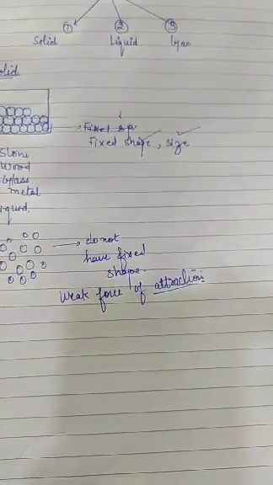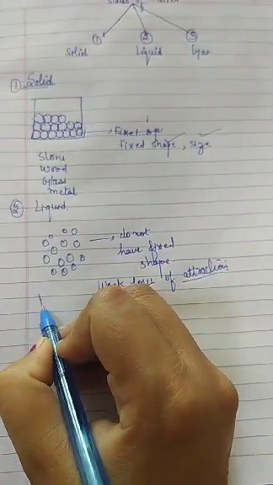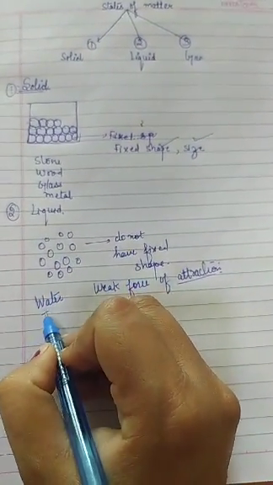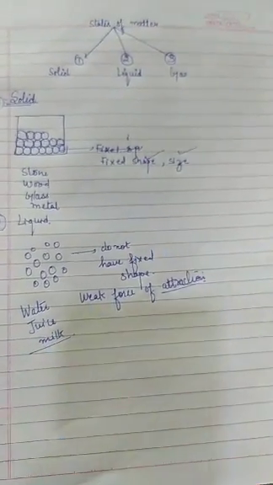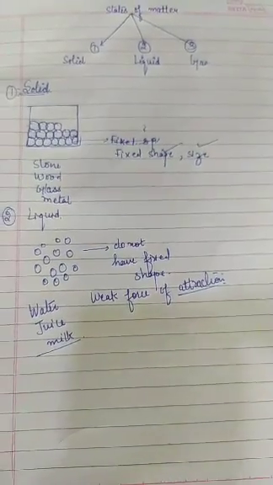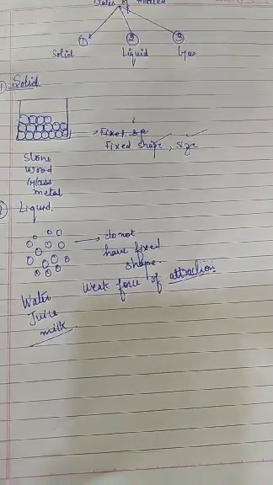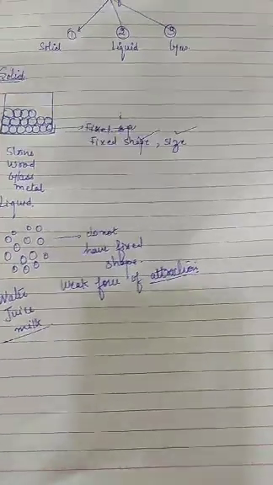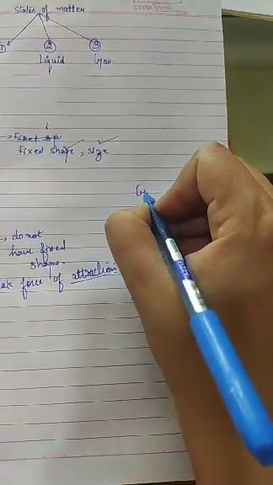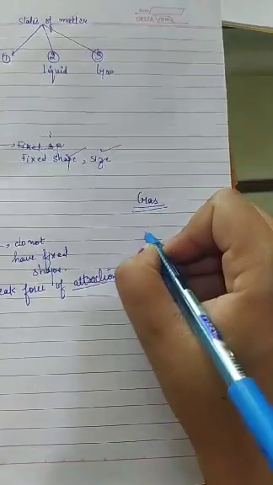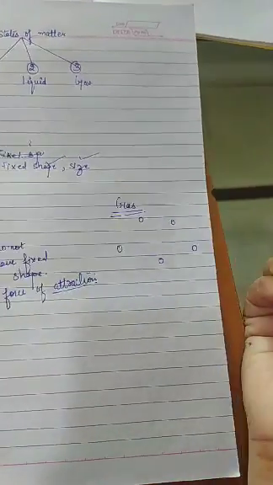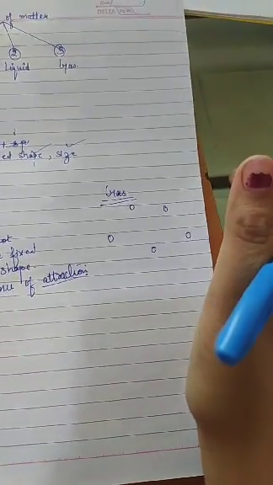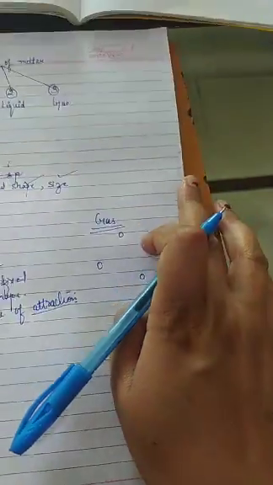And what can be the examples of it? Water, juice, milk, they are its example. Okay, now let us take some more example, that is the gas state. Here the molecules are far apart from each other. They have very, very large gap inside it.